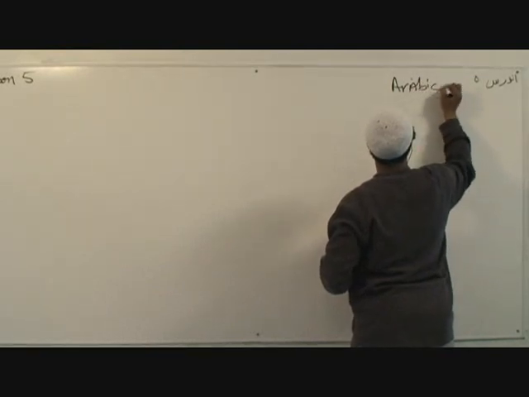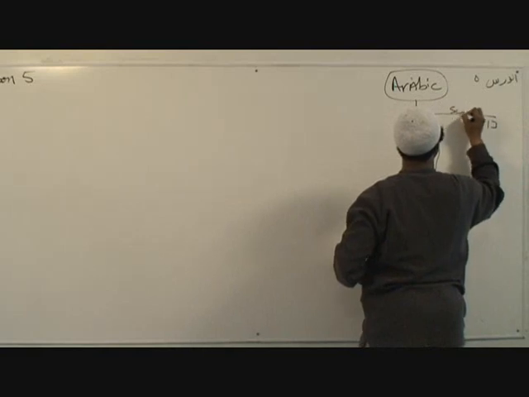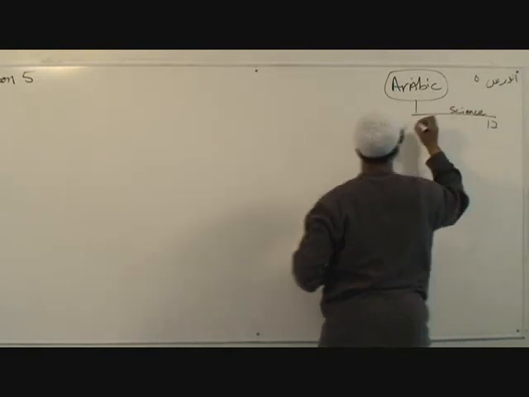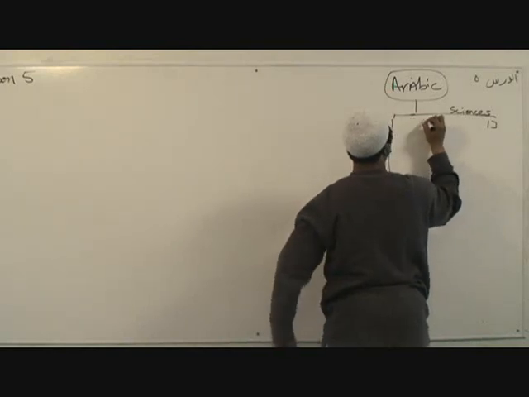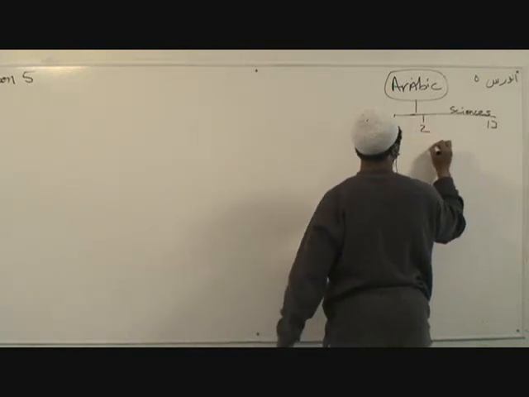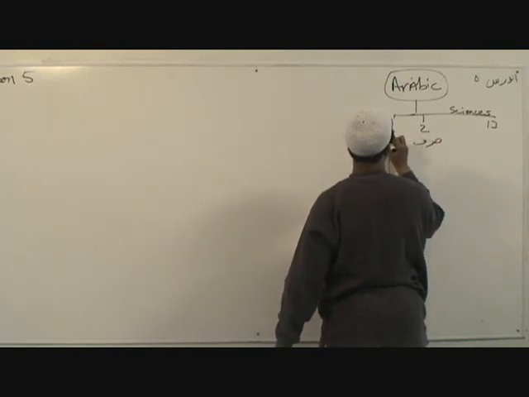So now we have Arabic. We have the 13 sciences, right? And the first one and the second one, let's say here. This is Sarf. And this is Nahwu, right?